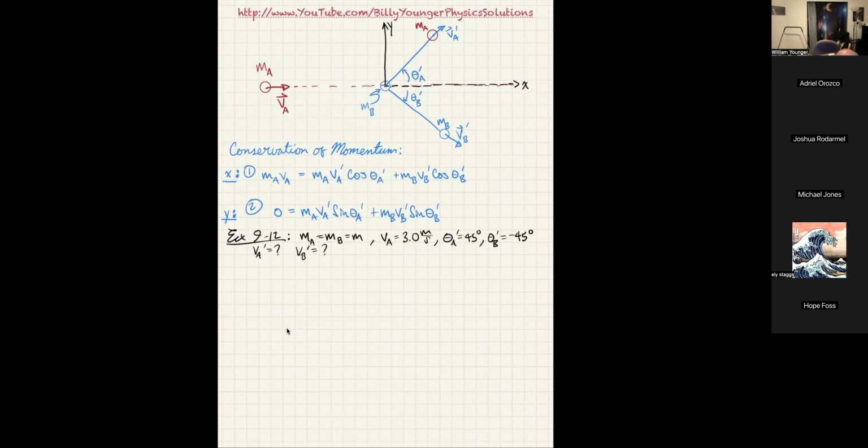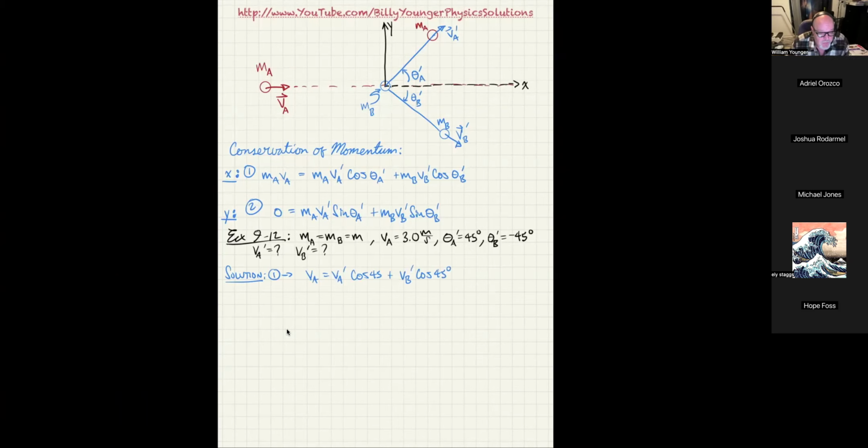So from equation 1, I'm going to go ahead and divide through by the masses. And what we have is VA is equal to VA prime cosine 45 degrees plus VB prime cosine 45 degrees.